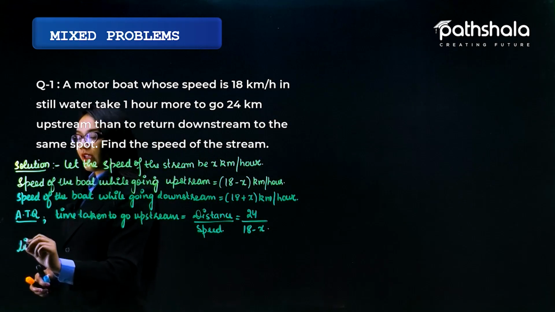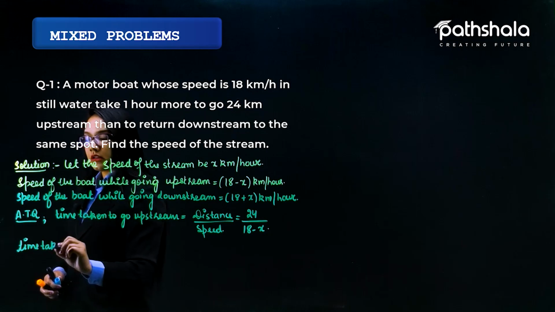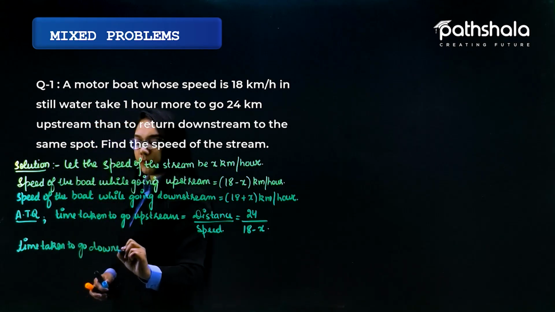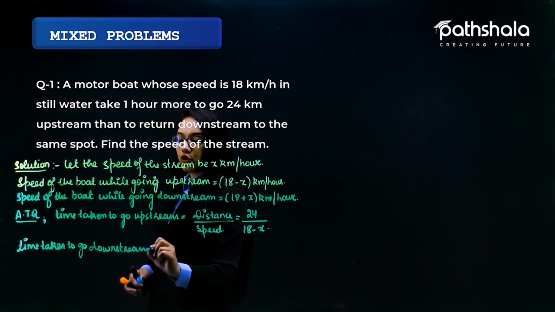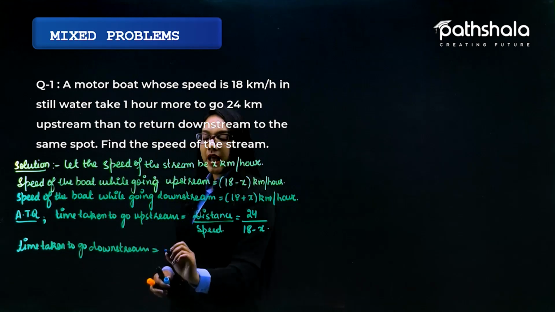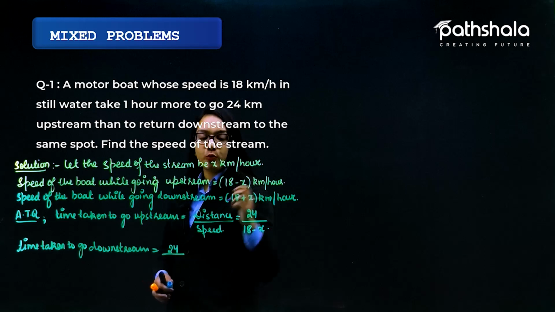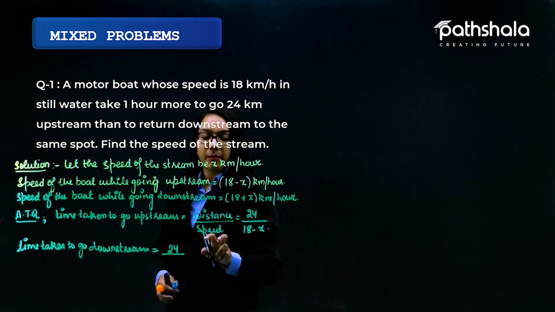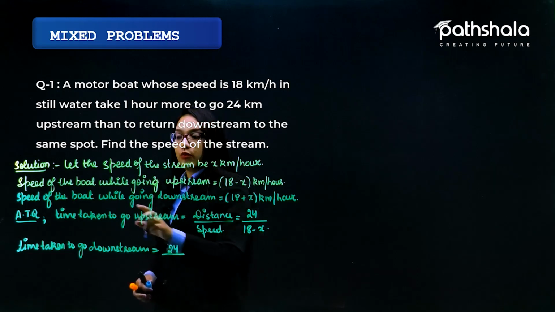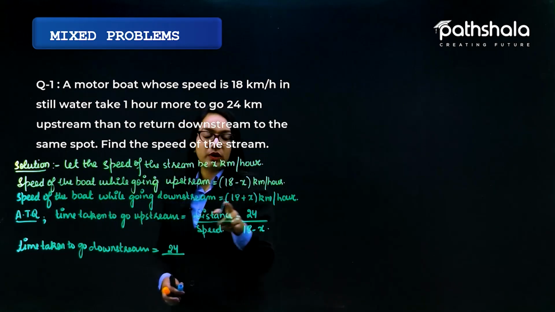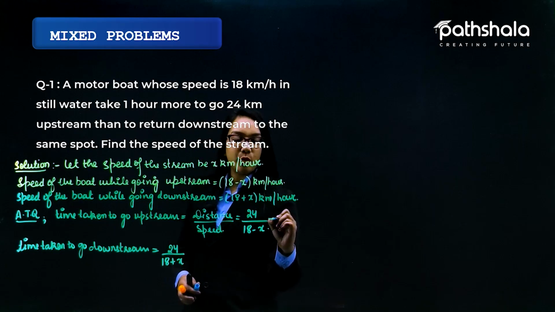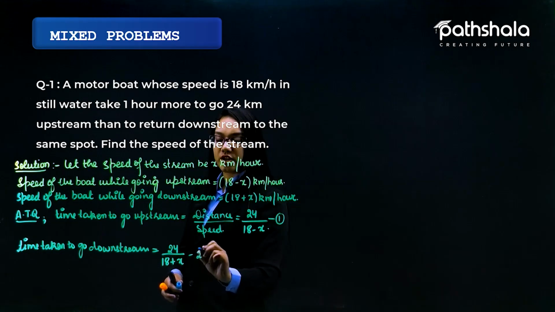In the same way, the time taken by the boat to go downstream is again distance upon speed. The distance is the same for both, but the speed is different, because while going downstream the speed is 18 plus x. Let me call these 1 and 2.